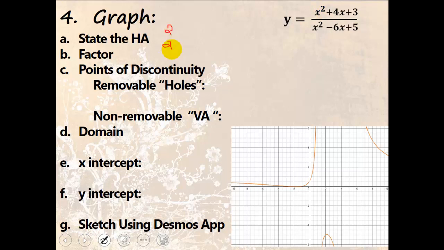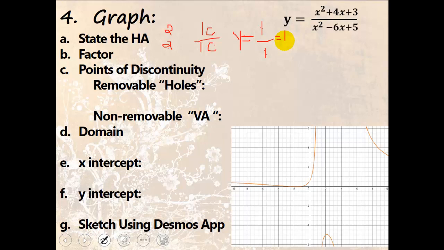So now I'm going to look at my leading coefficient and divide it by my leading coefficient. So y is equal to 1 over 1. It's not 1 just because these two are the same; it's 1 because the leading coefficient of the numerator over the leading coefficient of the denominator is equal to 1. So I have y equals 1.